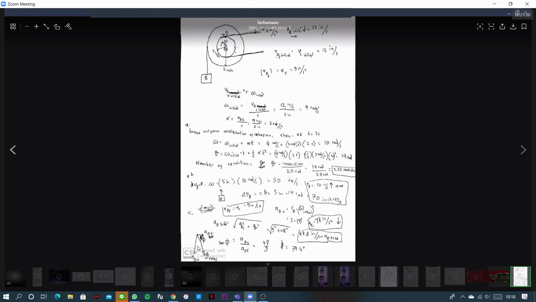We find the angle phi using the equation tan phi equals the normal acceleration over the tangential acceleration, 48 over 9, and by using the inverse tangent, we get the angle is 79.4. I think that's my answer, ma'am. Please correct me if I'm wrong.